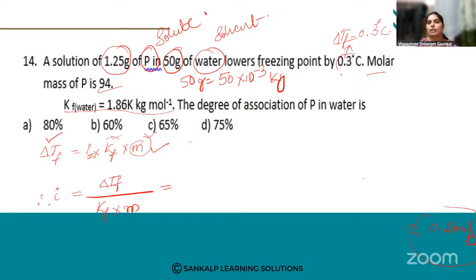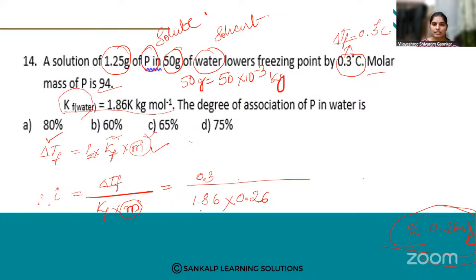Look here, they have given 0.3 degree Celsius. So 0.3 divided by Kf, which is already given, 1.86 into, let us take the numerical value only. m is what we have just calculated here, 0.26. Just simplify this.